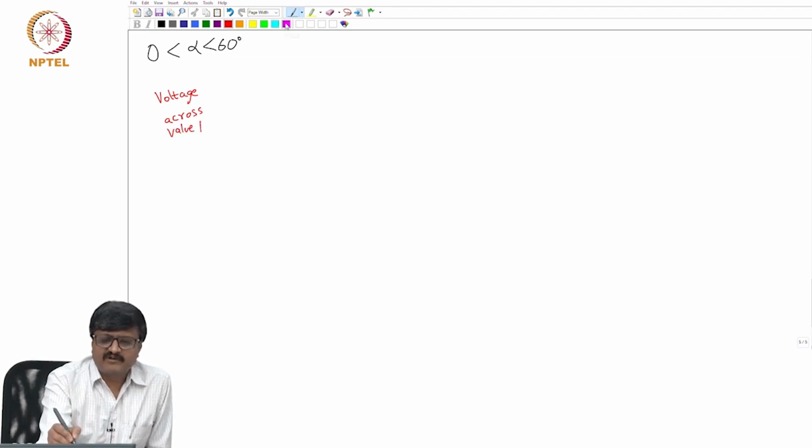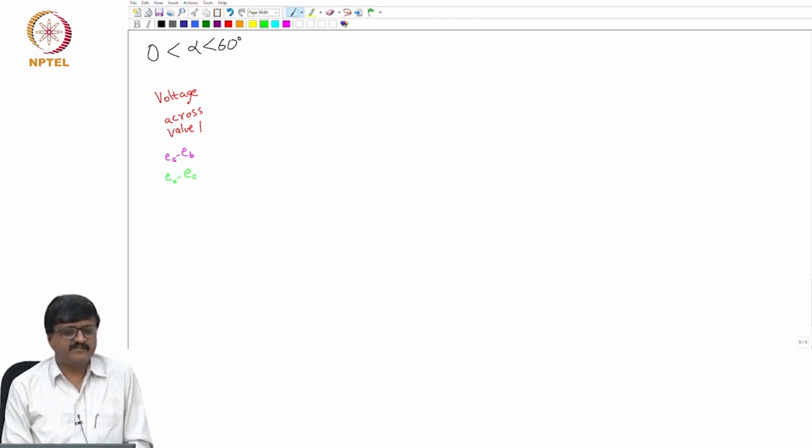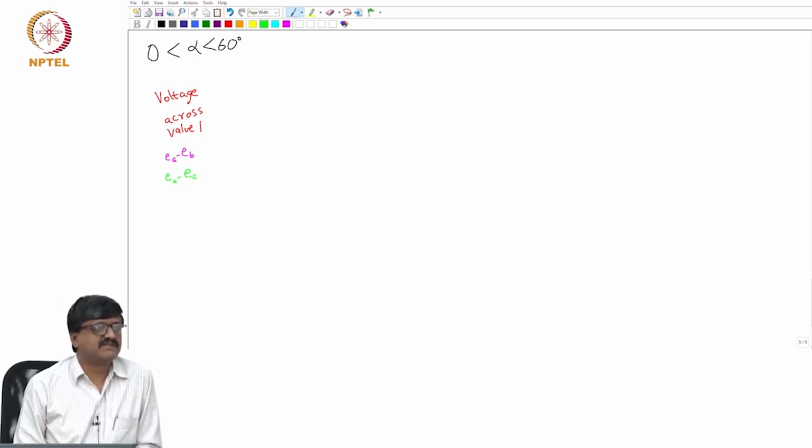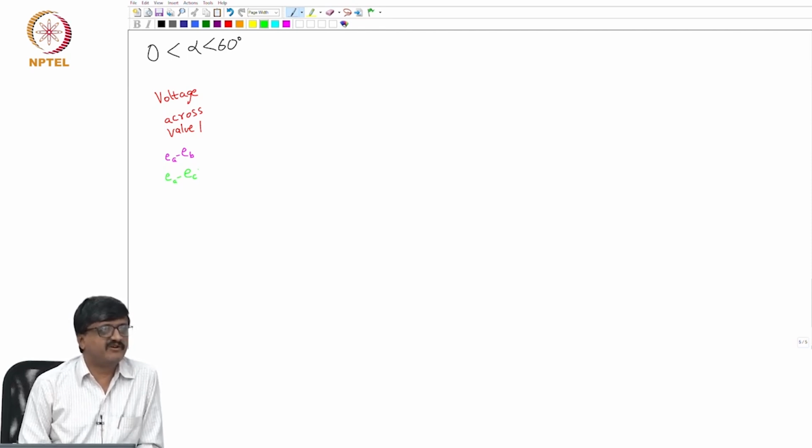Of course, I can also plot this EA minus EB and EA minus EC, and from that I can plot voltage across valve 1. And once I plot these waveforms, I can get the expression for the commutation margin angle. So, can you just attempt this?